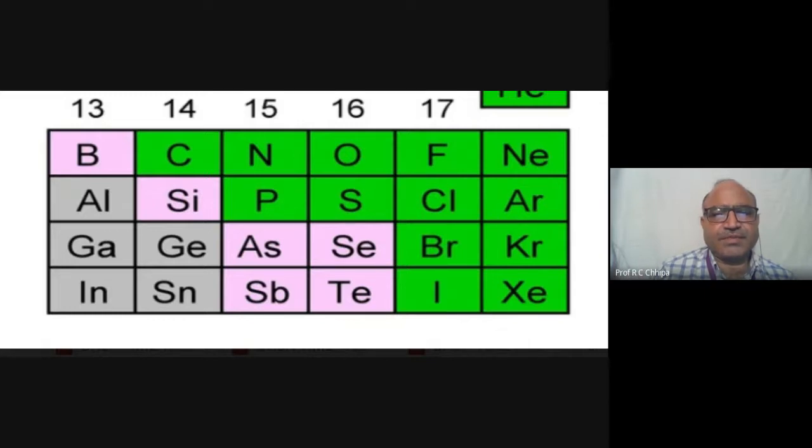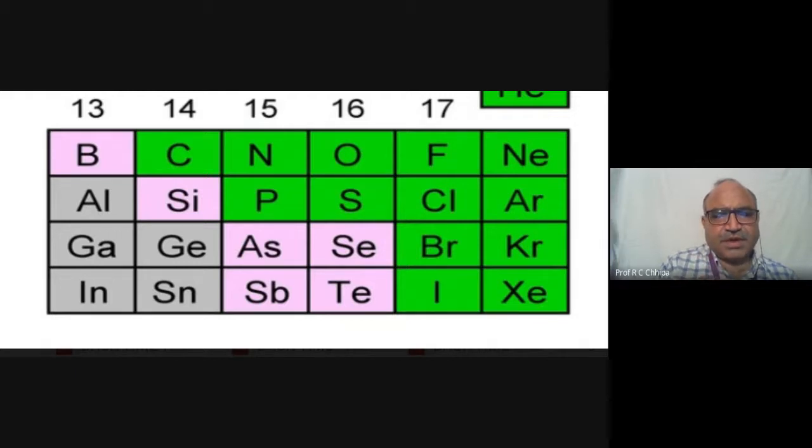Electrons are filled in a completely filled atomic orbital in the case of the p block. So now we can say group 13, group 14, group 15, group 16, group 17, and group 18. Group 17 itself starts from fluorine, and group 18 is the inert one.